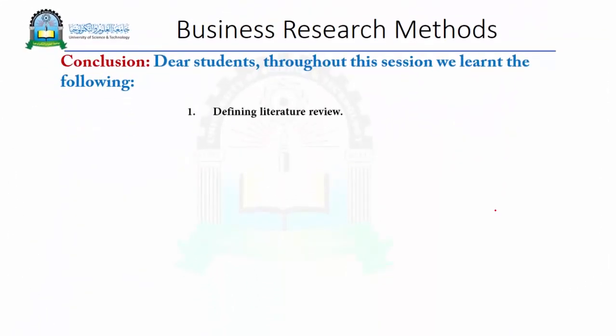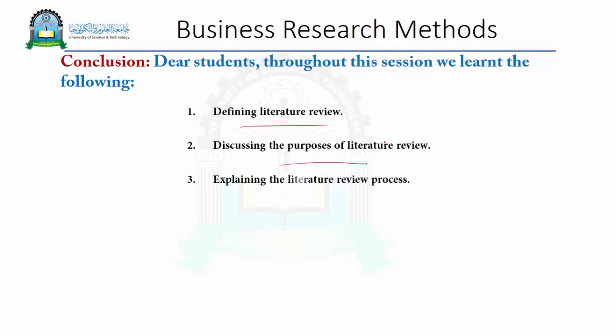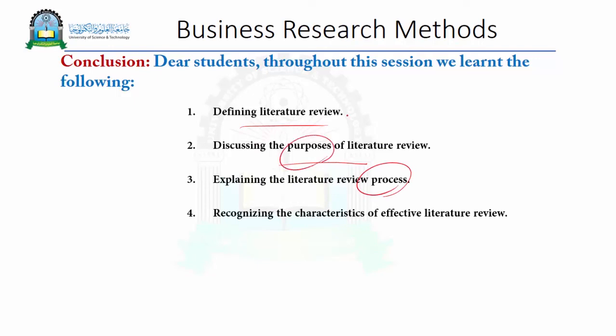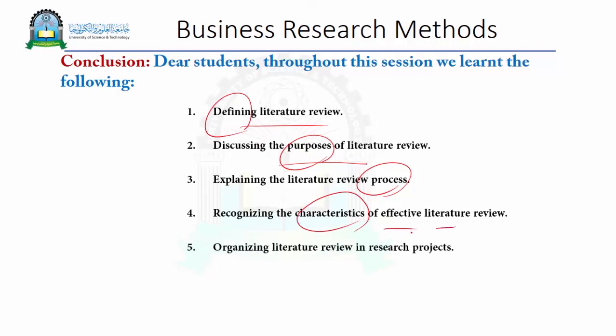So, dear students, through this session we learned many things. These are defining the literature review, discussing the purpose of the literature review, the process of the literature review, the characteristics of an effective literature review, and also the organization of the literature review.